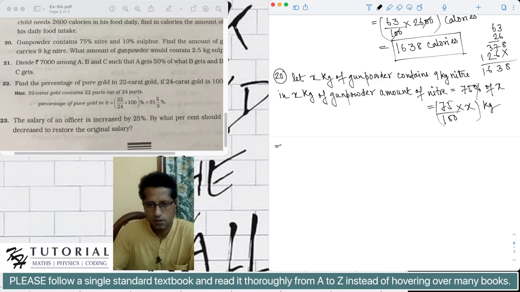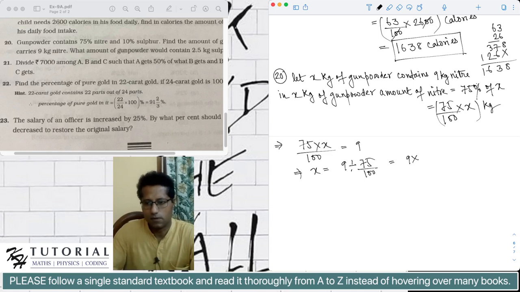So this implies, we have assumed that x kg of gunpowder contains 9 kg niter. So this implies 75 multiplied by x divided by 100 has to be equal to 9. So this implies x is equal to 9 divided by 75 by 100, which is equal to 9 multiplied by 100 divided by 75.